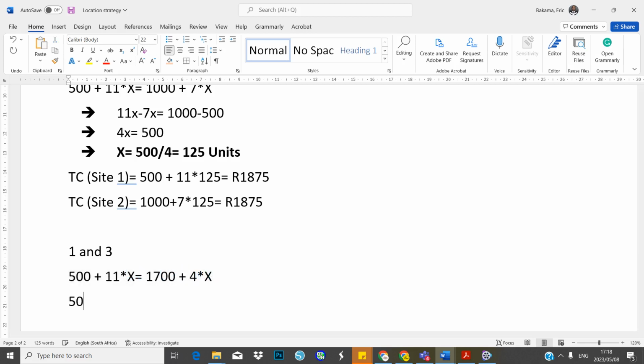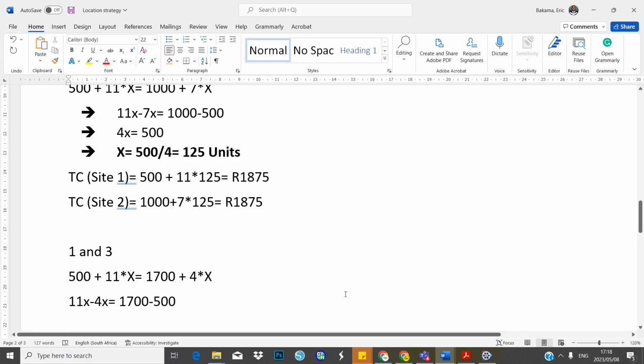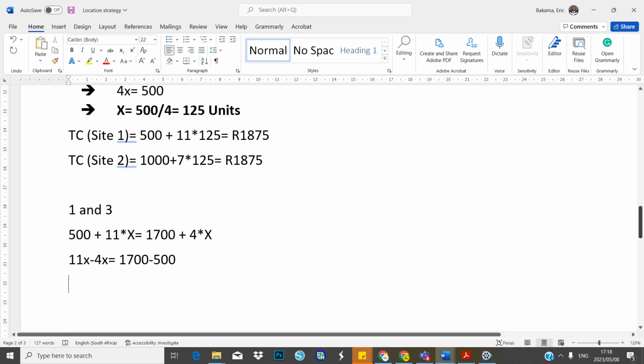In this case, the principle is still the same. I'm going to make X the subject of my equation, which will be 11X minus 4X, which is going to be equal to 1700 minus 500, which is still basic numeracy. Then we will have 7X, which is equal to 1200.